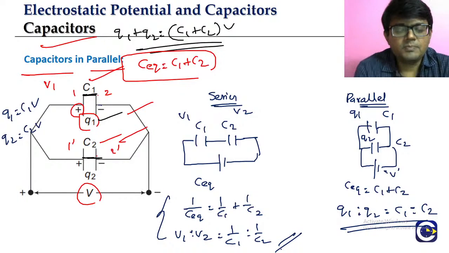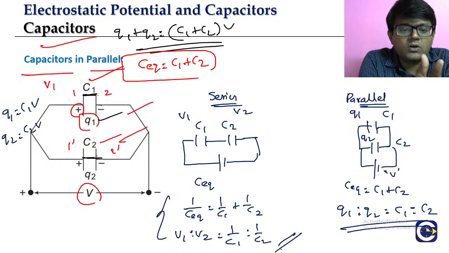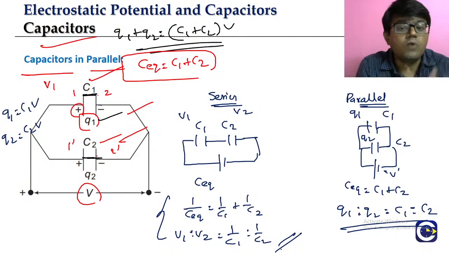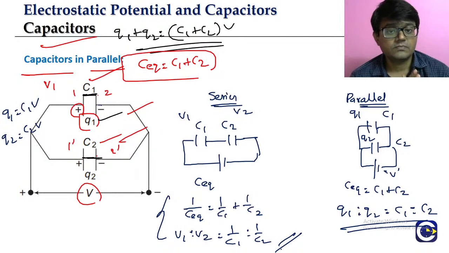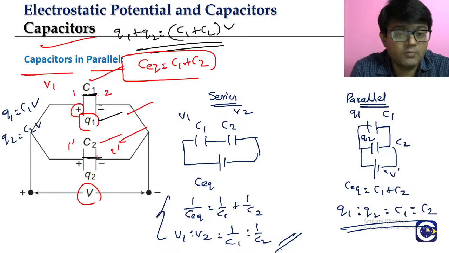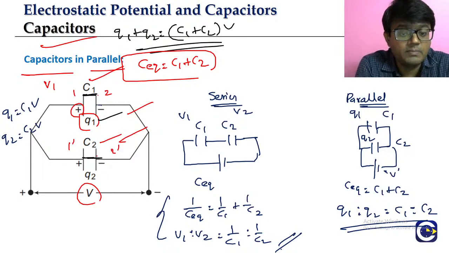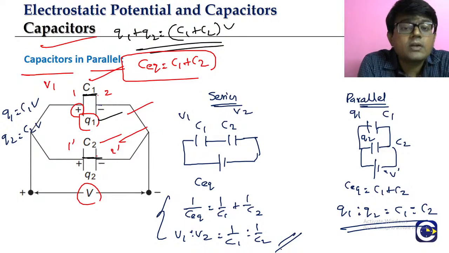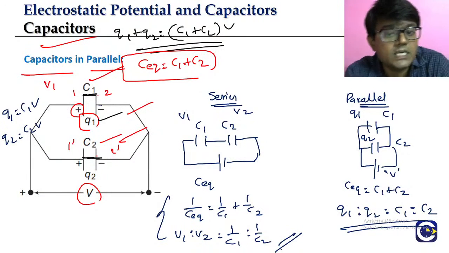Okay, see இப்போ பாருங்க, ஒரு set of capacitors எடுத்துட்டு நம்ம parallel combination பண்ணா what we are going to achieve? ஏன் நம்ம parallel combination arrange பண்ணணும்? Parallel combination arrange பண்ணா, remember C equivalent value, we are going to get a very large value for the C equivalent.